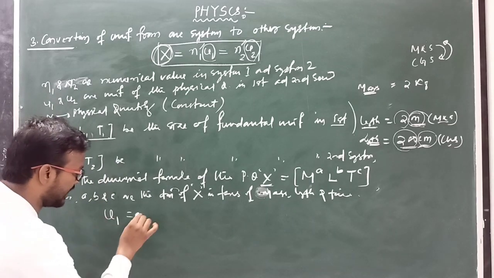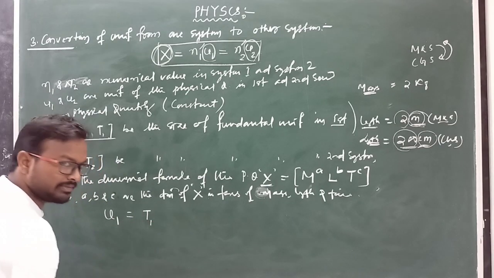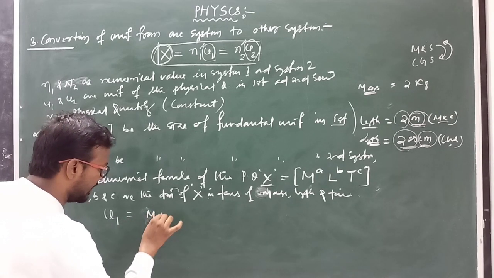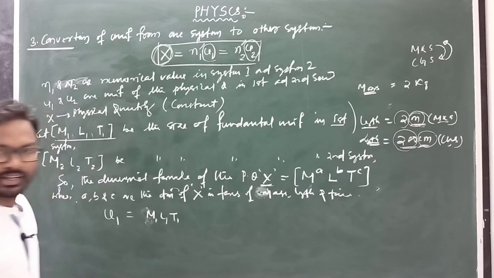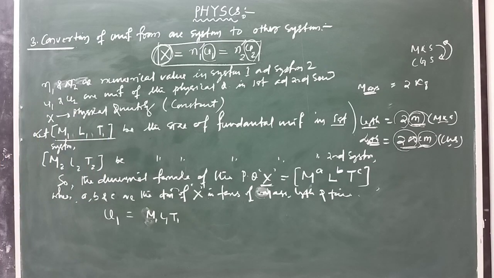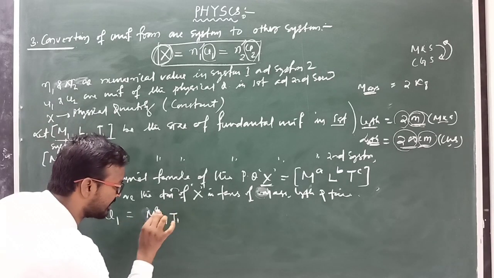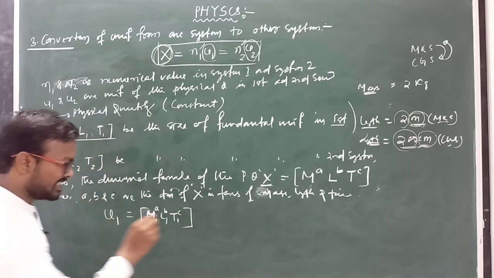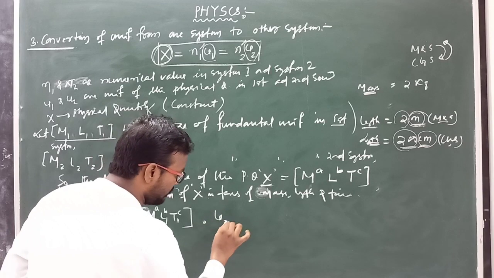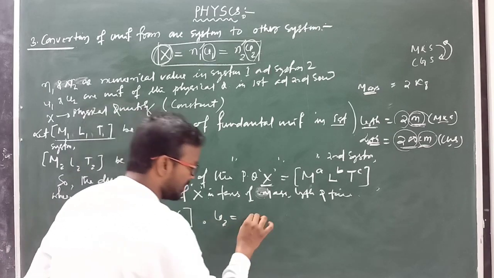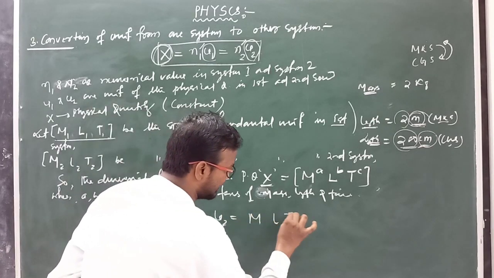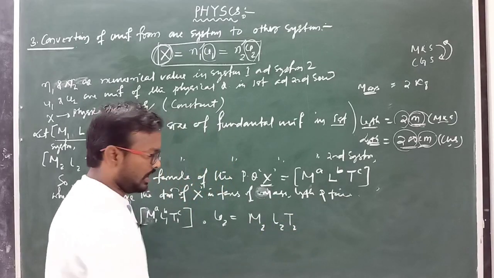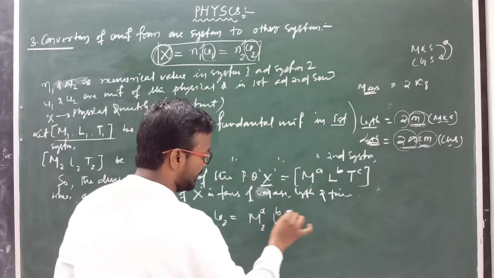So you can write U1 equal to M1, L1, T1 with dimensions a, b, c, but here the physical quantity remains constant. Similarly, you can write U2 for the second system, and its unit can be expressed in mass, length, time, so you can write M2, L2, T2 with dimensions a, b, c.